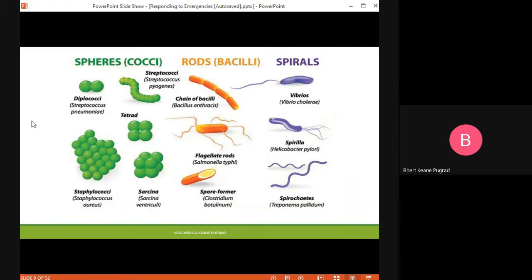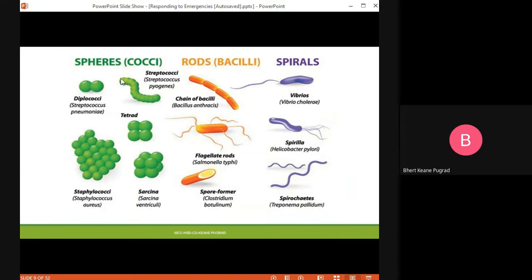Pero kapag marami sila na single shape bacteria pero hindi magkadikit, magkakalayo, okay, those are your cocci. Okay? Next, kapag circle shape bacteria na parang grape shape sila, okay, ang tawag natin dito, example of this is your Staphylococcus aureus. Okay?